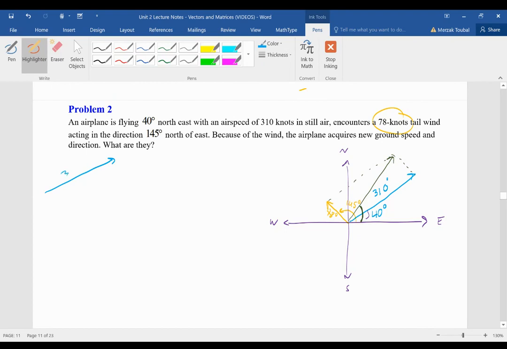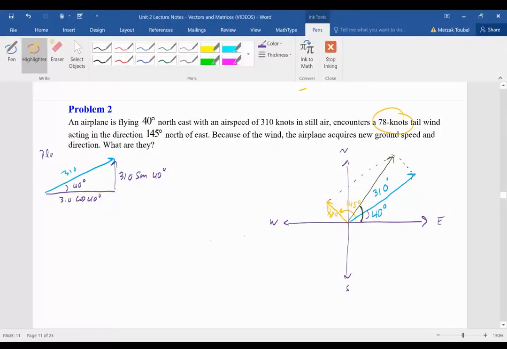So magnitude 310, and it has a horizontal component and a vertical component. This is 40 degrees. So horizontal, it would be 310, the magnitude of the airplane vector, multiplied by cosine 40 degrees. The vertical component, 310 magnitude multiplied by sine of 40 degrees. Good. We got that. This is for the airplane.